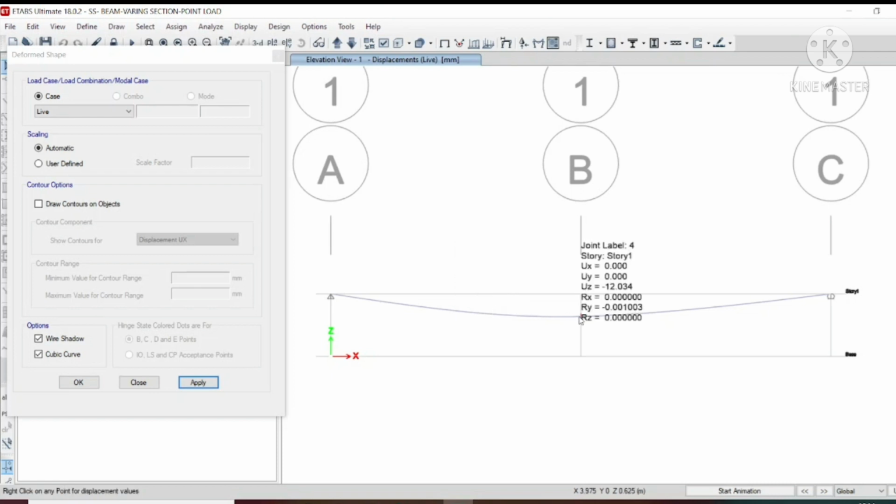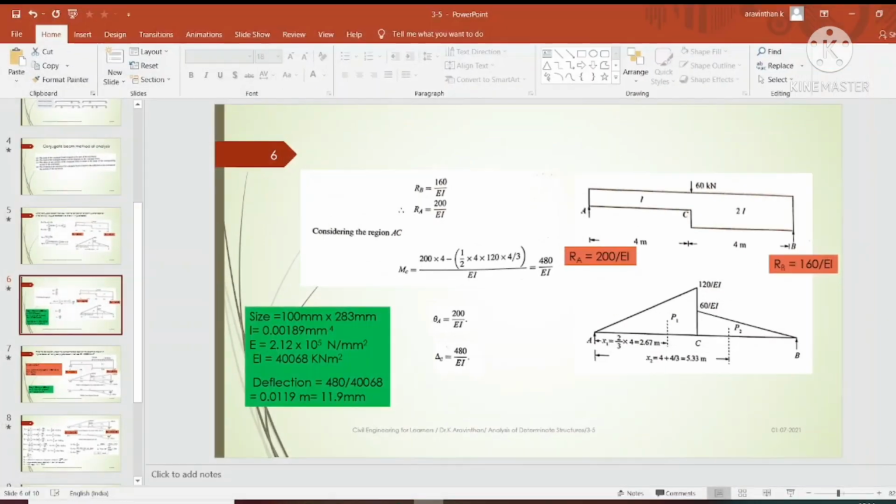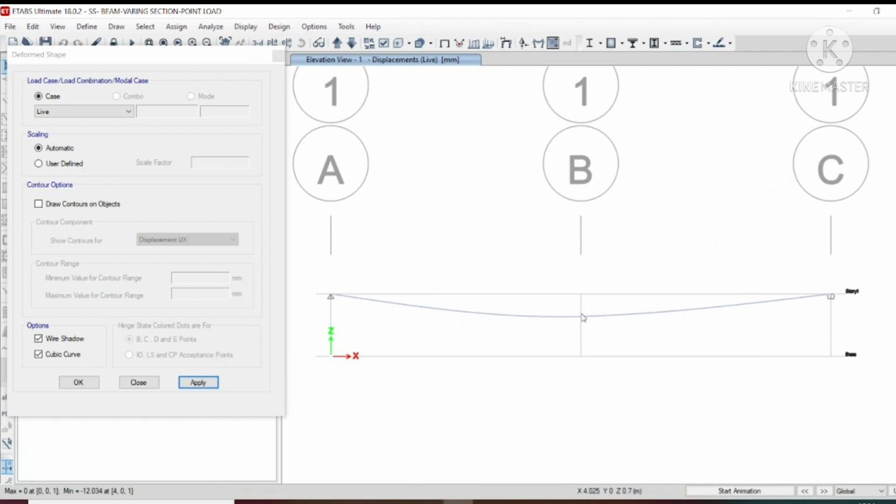So both are in terms of mm. Here you got 11.9 mm. If you substitute EI with 480 divided by this value of EI, you will be getting 11.9 mm. So here you are getting 12.0 mm. So the values match well here.